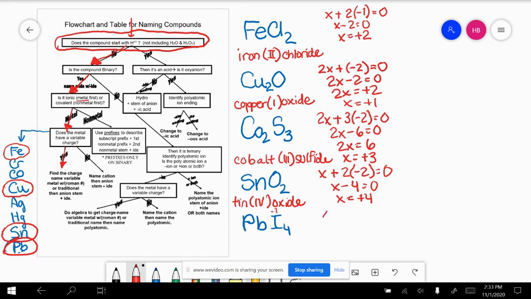So you can do that where you say, I know I have 4 minuses in back, I have to have 4 pluses in front. Or you can do the algebra every time. You just have to be careful of the points that trip people up. So this is lead(IV) iodide. And that's how we name binary ionic compounds with variable charge metals.